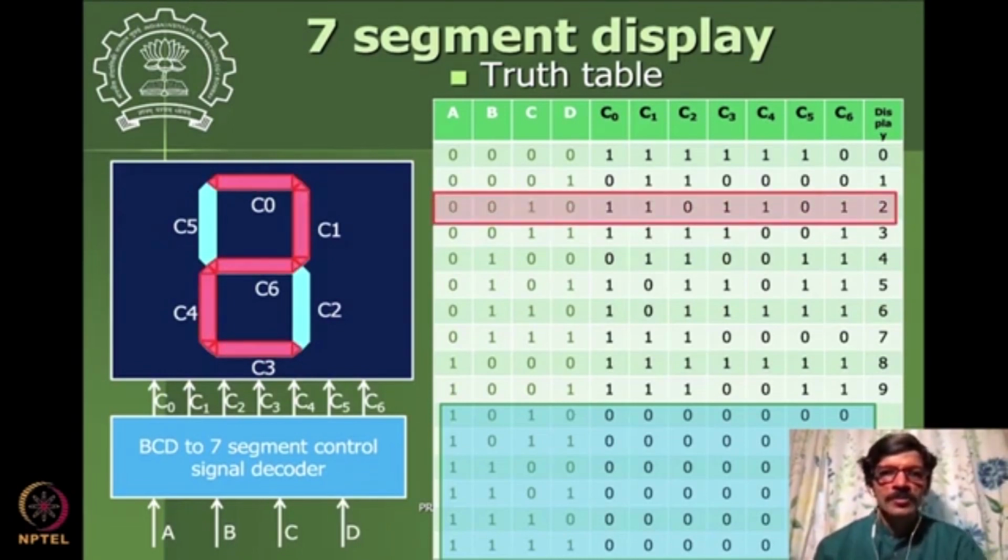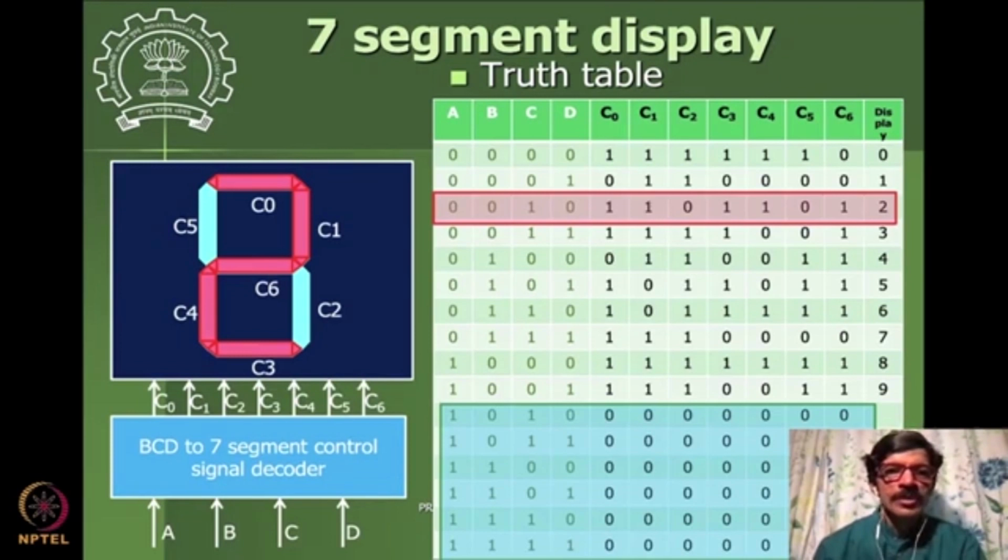For example, if you want to display 2, you want this LED, this LED, this LED, this LED and this LED to glow. So that is what is given here. 2 is 1 0 in binary, with the 4 bits A B C D represented like that, and the corresponding 7-segment display LEDs that glow are set as 1, and then you get this number coming up there.